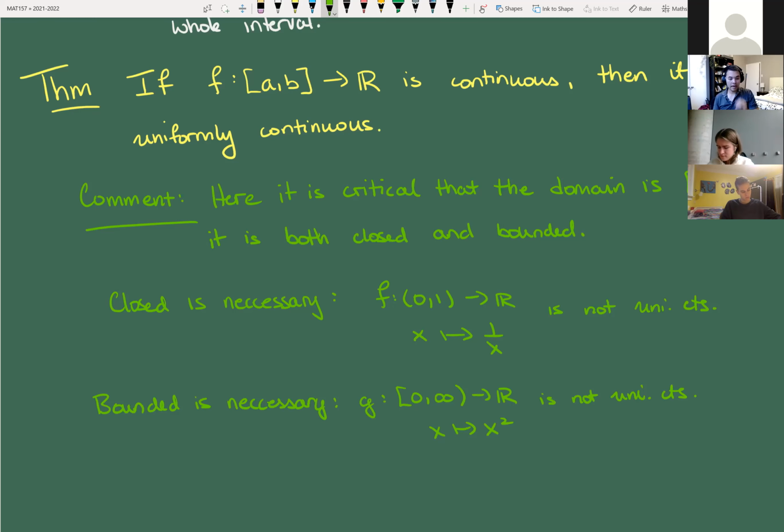So closed and bounded are both needed in order for this theorem to be true, because we have two examples here of if I remove the closed condition and if I remove the bounded condition, it's not true anymore, right? So both of these conditions have to be true in order for this theorem to be true. And we're going to use both of those conditions, okay?